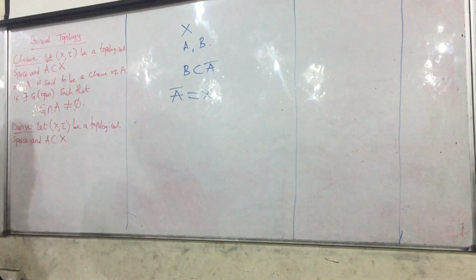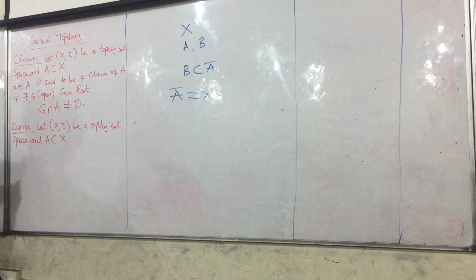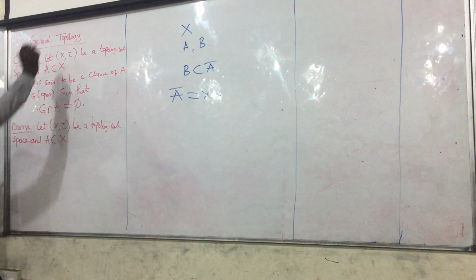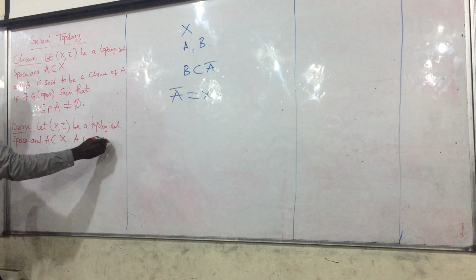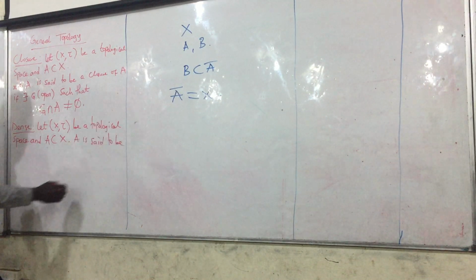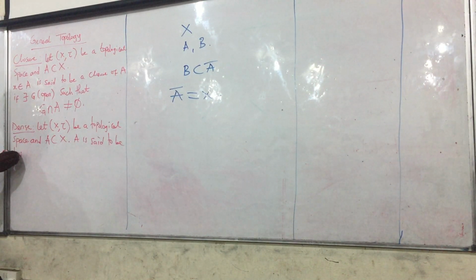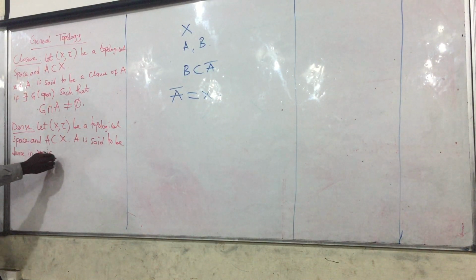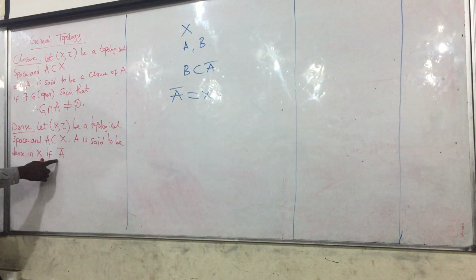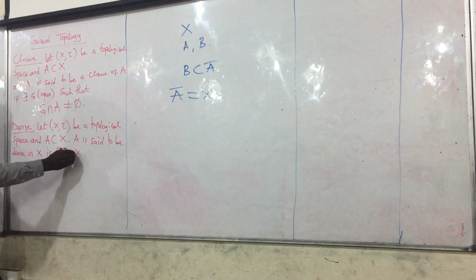This is what I mean to write. So now, A is said to be dense in S if what? The closure of A is equal to S.